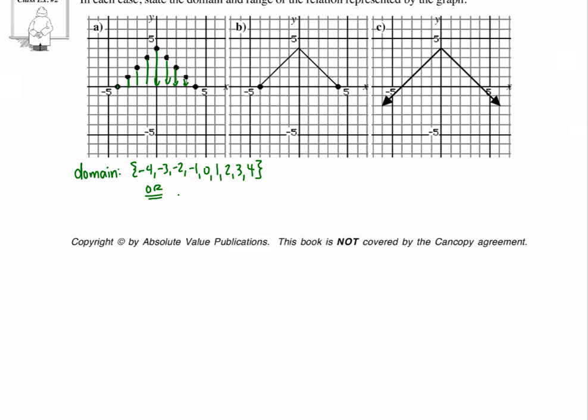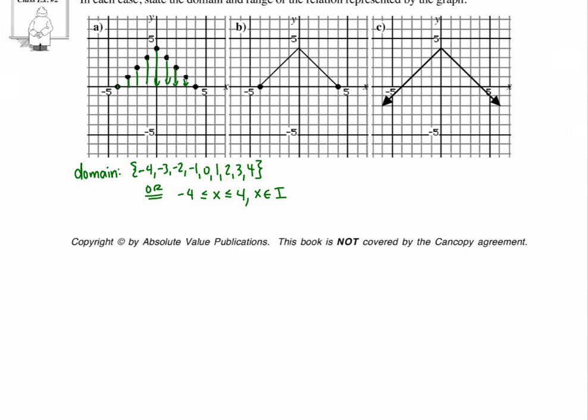You can write it's between -4 and 4, comma, x is an element of the, what type of numbers are those? Real? They're not, well, they are, but because it's not the ones in between, integers. It's an element of the integers. Okay, so that's the other way you could write it.